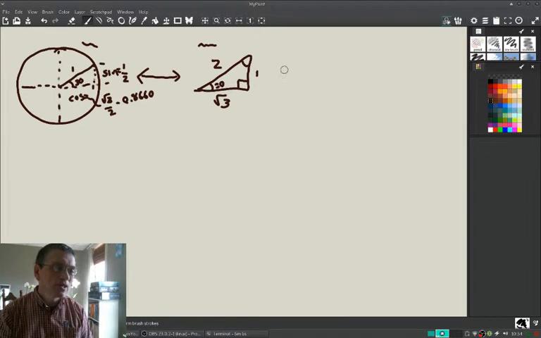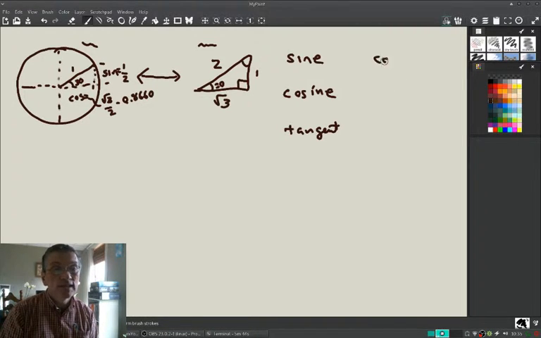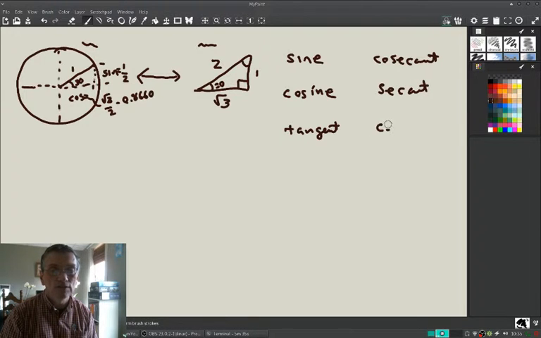Alright, so the reason I'm talking about this, I want to kind of switch back to triangles for talking about the other functions. Sine, cosine are the big ones. The other ones are tangent, cosecant, secant, and cotangent.